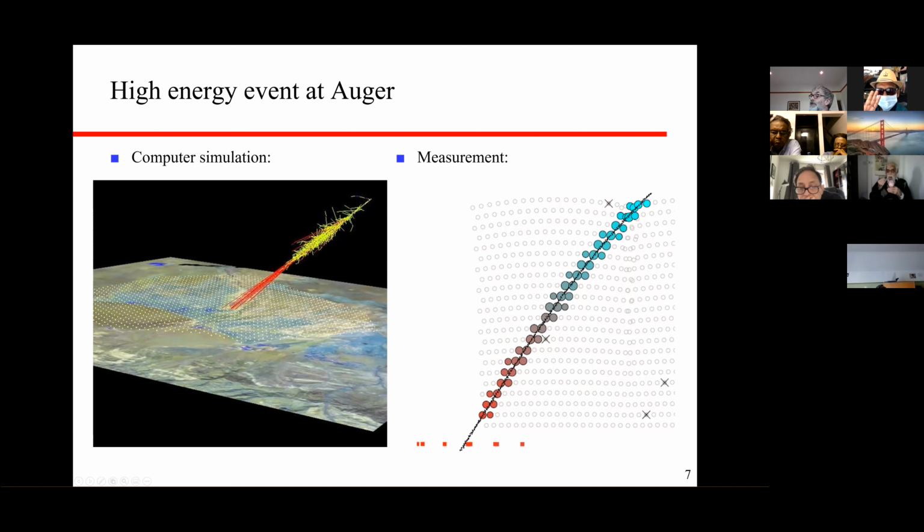So by totting up the amount of light in the fluorescence detectors and the signal produced in the surface detectors, you can actually work out the energy of the incoming cosmic ray, and you can also track its position back to where it came from on the sky. So that's how these measurements were made.